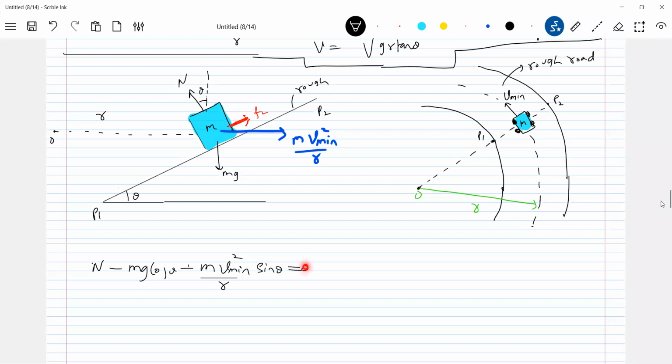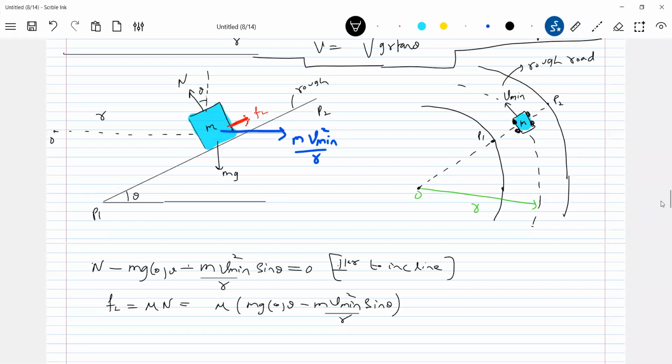This is along the perpendicular to the incline. So that will be easy for you. Fine. So I got the value of N. Then what is the friction? Equal to mu N. So substitute this. This should be equal to mg cos theta, so this is the value of FL.